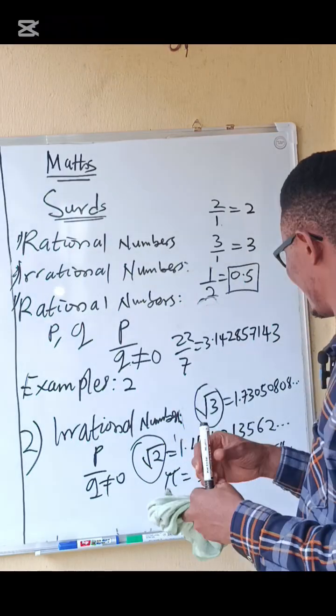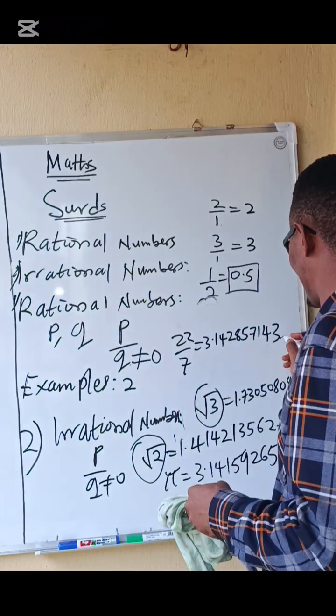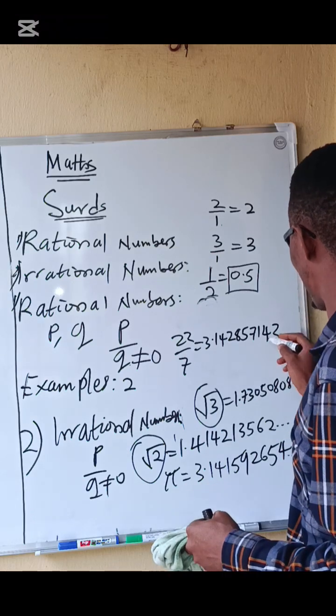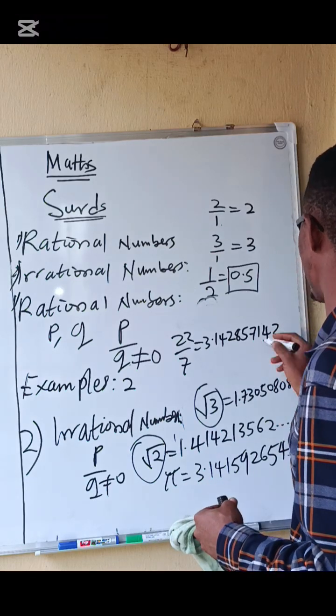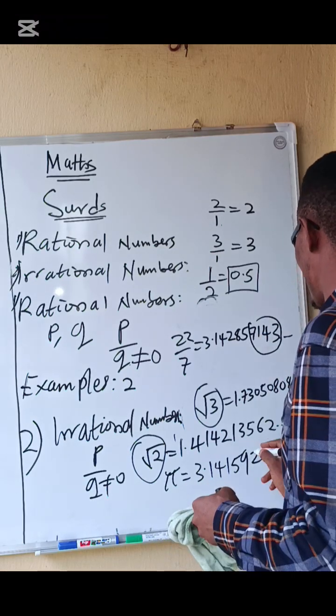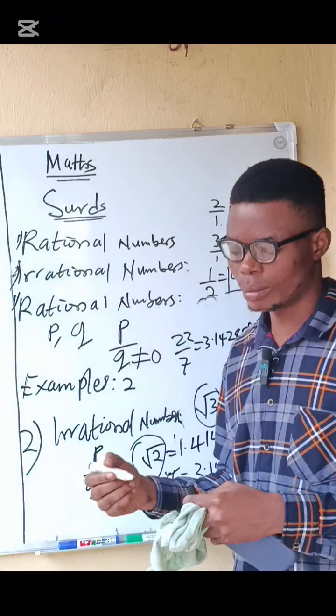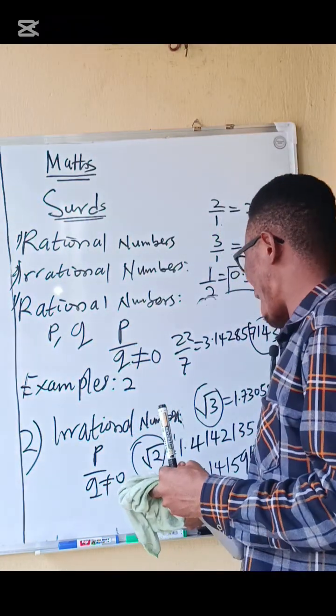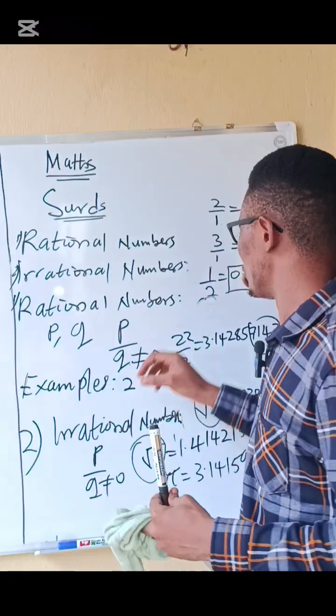We can see the difference. Look at the ending. Are they the same? They are not the same. So it therefore means that pi is an irrational number.